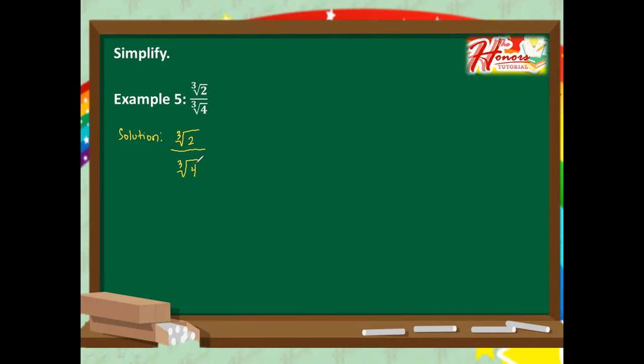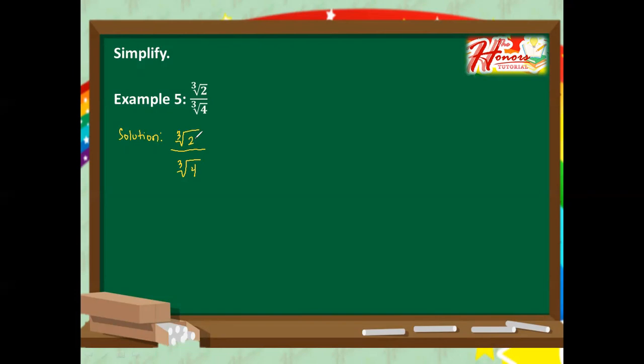So the first thing that we have to do is to simplify this. How? Because they have the same index, we can divide 2 and 4.